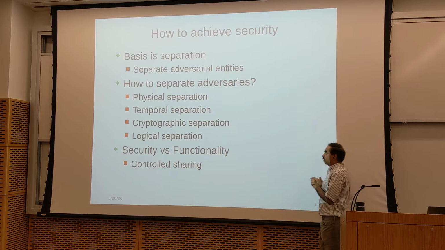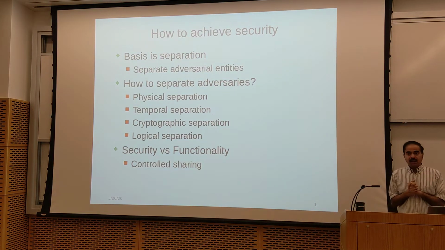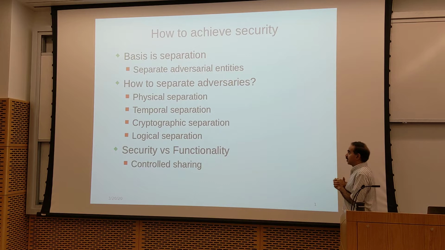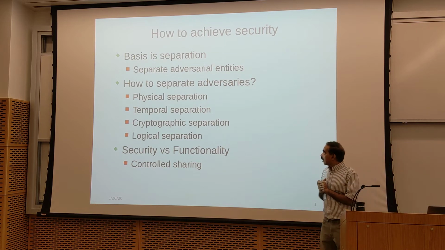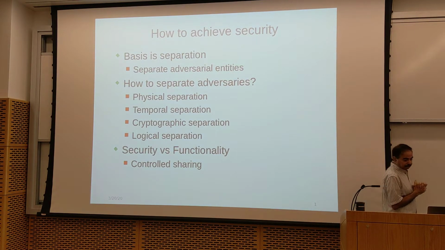The one that we are going to talk about mostly here is cryptographic separation, where the entities can in fact access the physical media that's involved, but still, even though they can access the physical media, they are basically separated by the mathematics of cryptography.